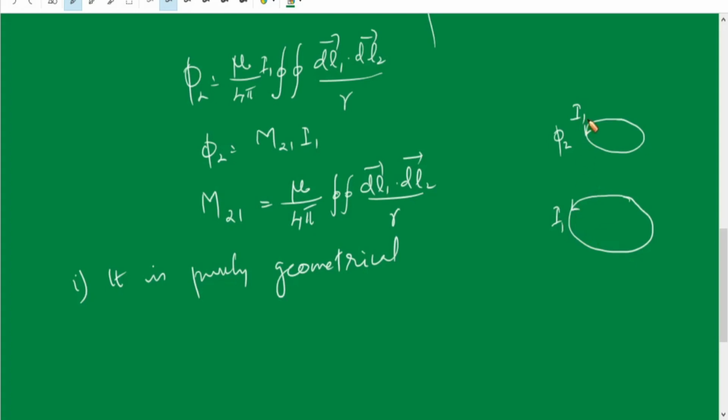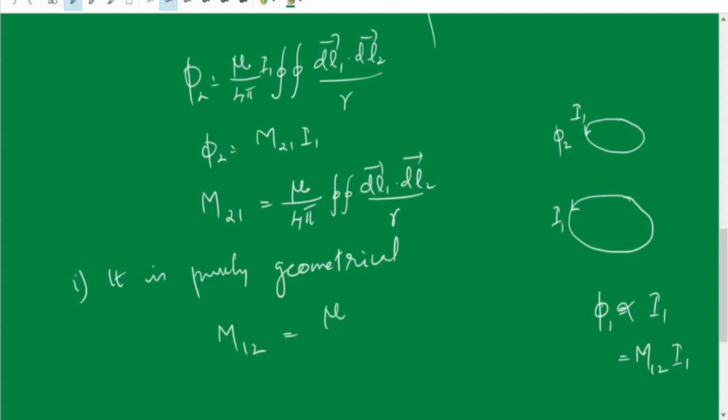If the current is flowing through the second loop, then the flux phi 1 through the first loop due to the current in the second loop is proportional to I, which is equal to M12 I. Therefore, if you use M21 in this expression, what is M12?